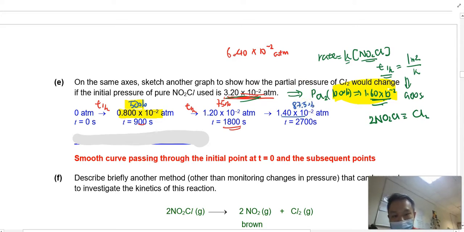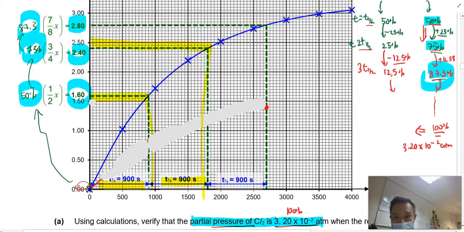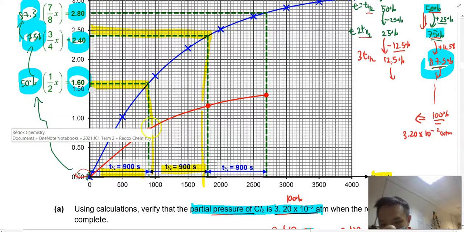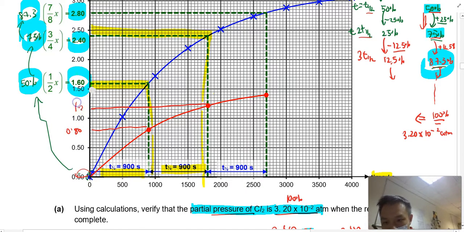So you get 1.4 times 10 to the power minus 2. Again, another t half, 900 seconds, right? And from these points, that's how I get the sketch over here, right? 0.80, 1.20, and then 1.40, and so forth.